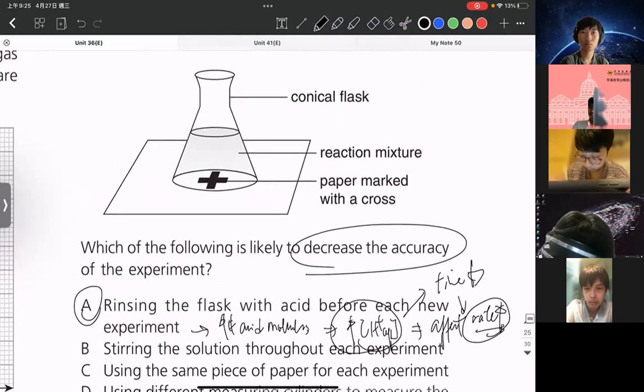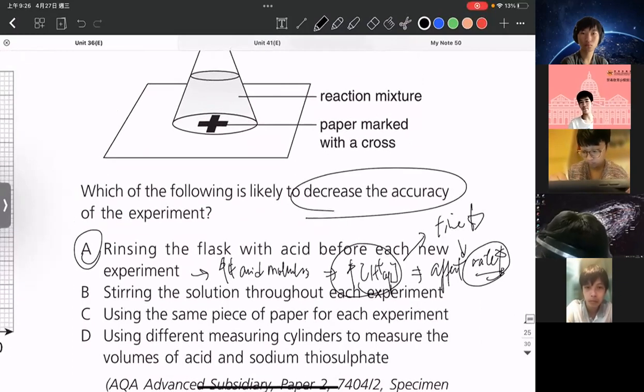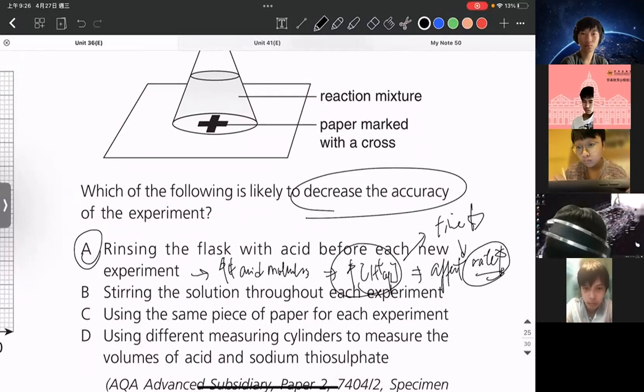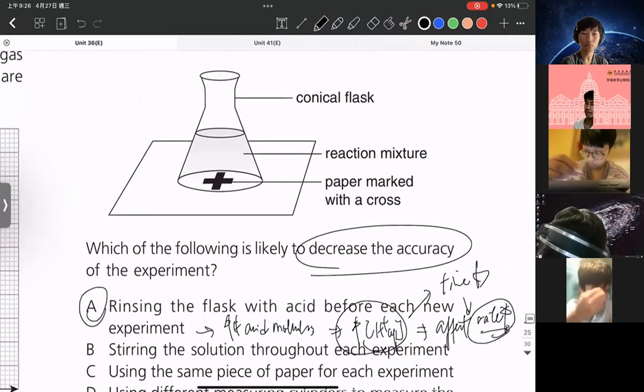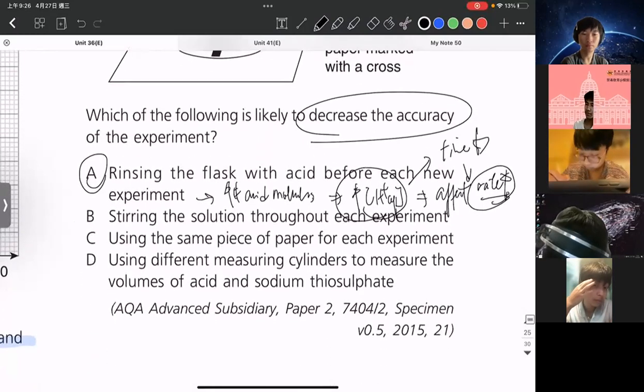But for the acid, I add more to it, so it will affect the molarity. So it will much decrease the time taken for the cross to be blotted out, so the rate measured will be much affected.